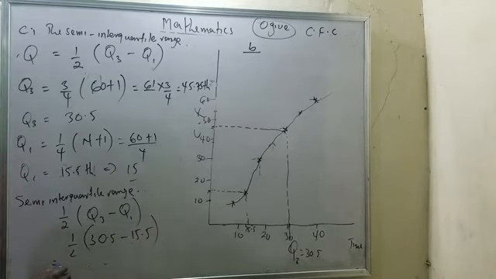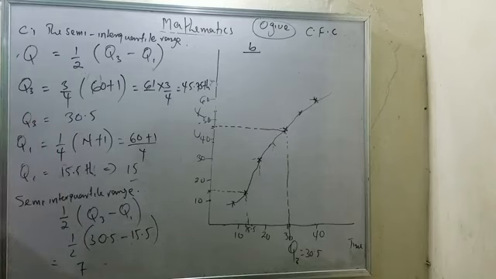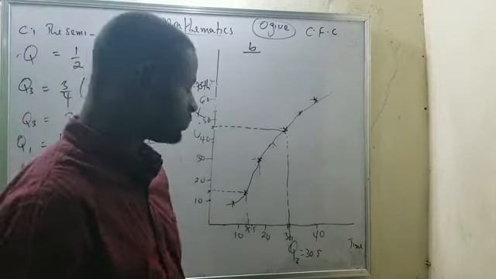That gives 15 divided by 2, which is 7.5. That is my semi-interquartile range, without any problem. That is my answer for that.